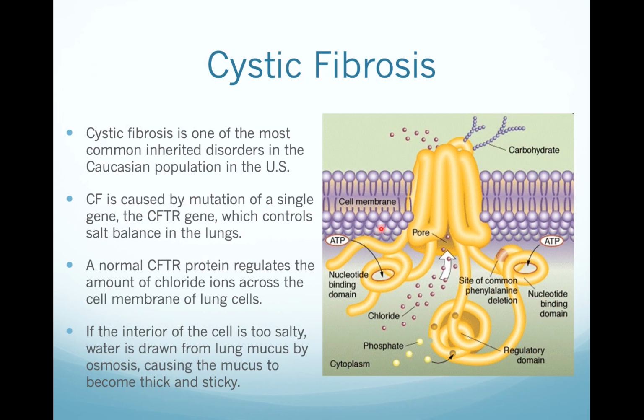Now, cystic fibrosis, this is going to be a mutation in a single base in the CFTR gene. CFTR is a regulatory protein that allows for the movement of chloride in and out of the lungs. So here's the deal before I start this. I'm going to give you some background. In your lungs, you do have mucus in them.